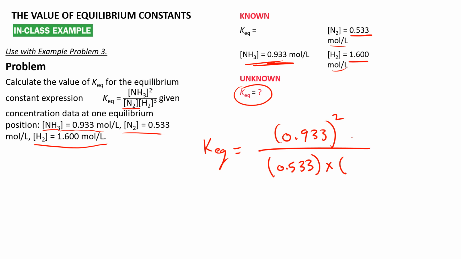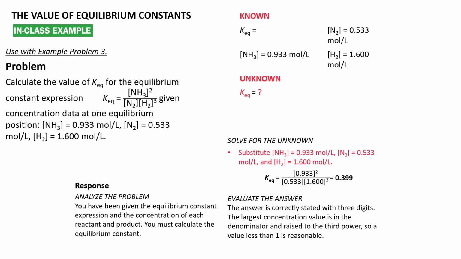What is H2? 1.6 to the power of 3. بس. And then you calculate. Okay. So when you calculate this, your answer will be 0.399. Okay. All right. So this is the answer, guys.